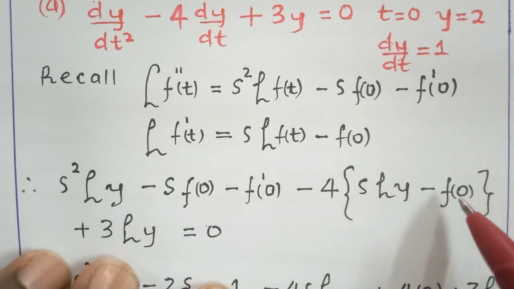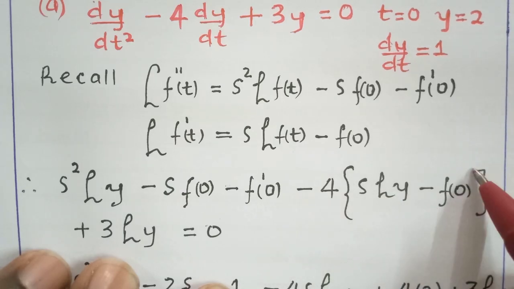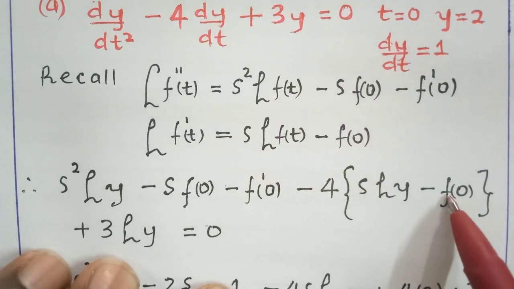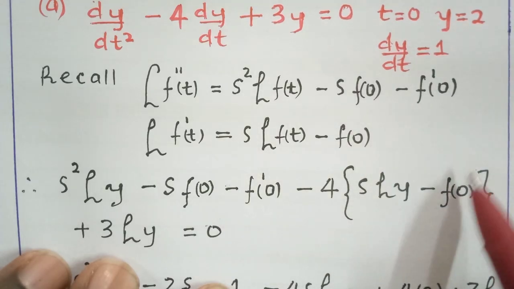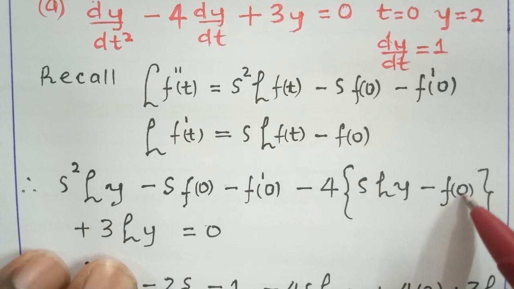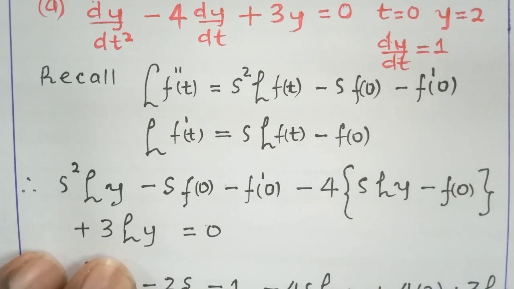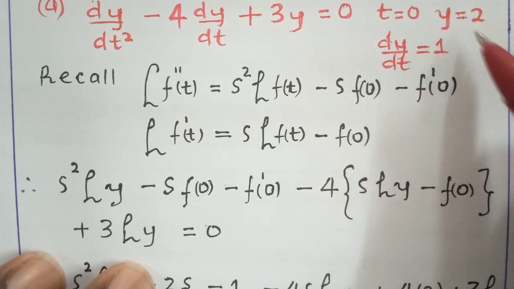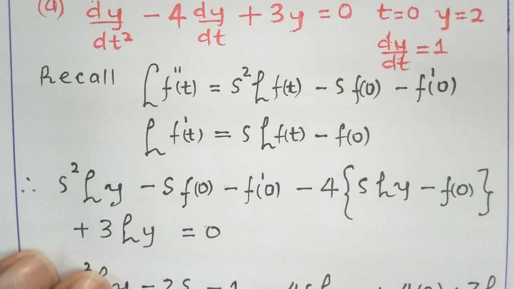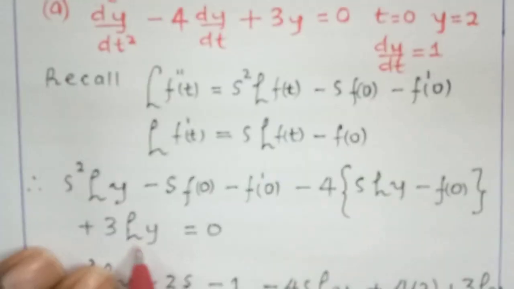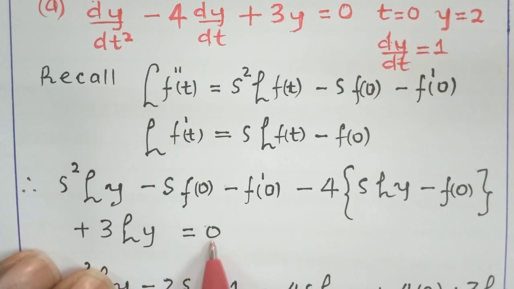We can substitute f(0) with 2, because f(0) is the same as y equals 2, since this 0 represents the initial condition, that is t equals 0, which gives us 2. Plus, now we come here, we find the Laplace transform of y, which is here. This is equal to 0.